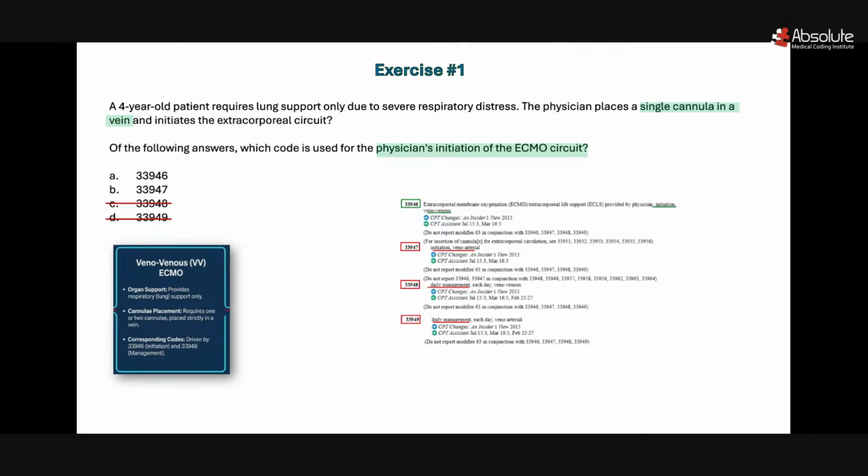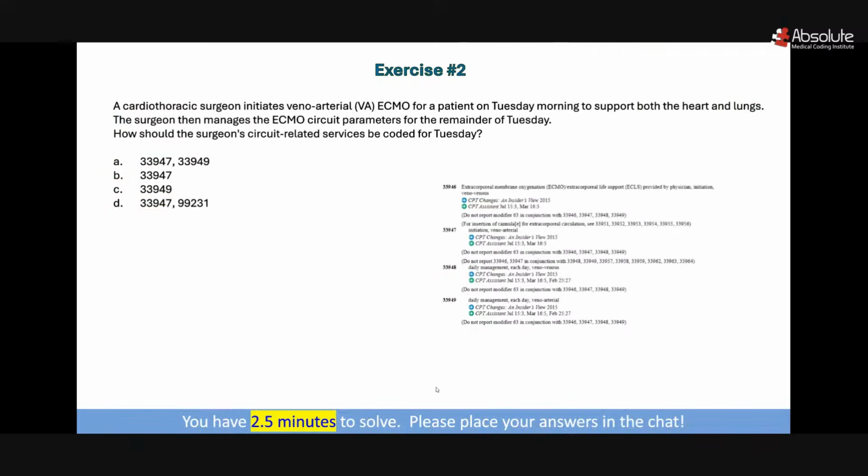In this scenario, the patient had only severe respiratory distress, and you can see a single cannula was placed at the vein. That is one of the cannula placement requirements for the venous system. It places one or two cannulas only into the veins, not into the arteries. So that was your keyword, and I am so proud you all got that. Yes, option A is the correct answer. 33946 is the right answer. Fabulous job, coders. So let's move on to the next one.